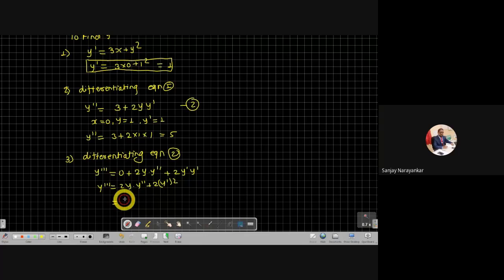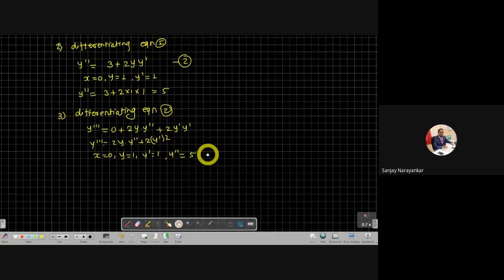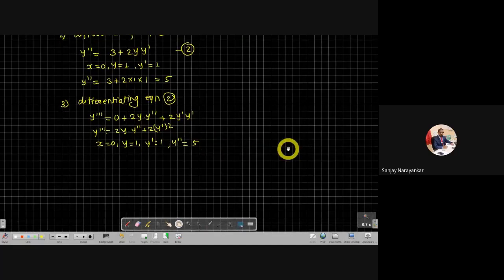So let's substitute values now. What do we have? We have x is equal to 0, y is equal to 1, y dash is equal to 1, and y double dash is equal to 5. Let us substitute all these values in y triple dash.